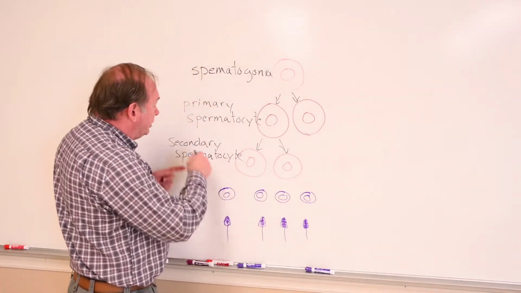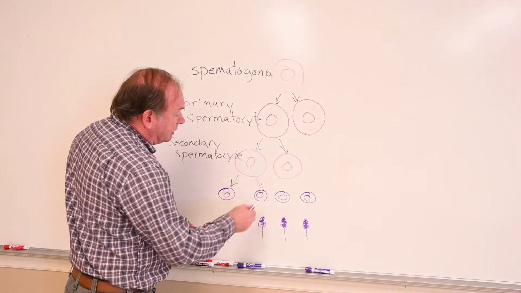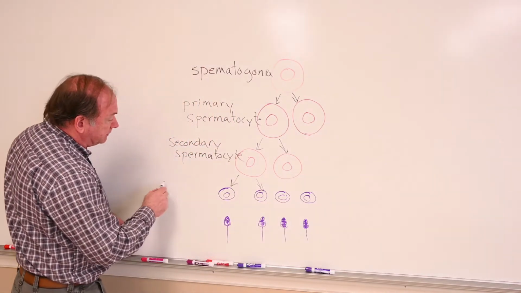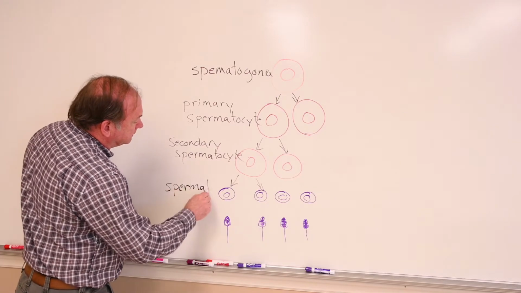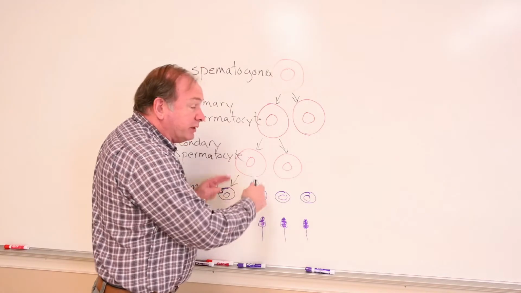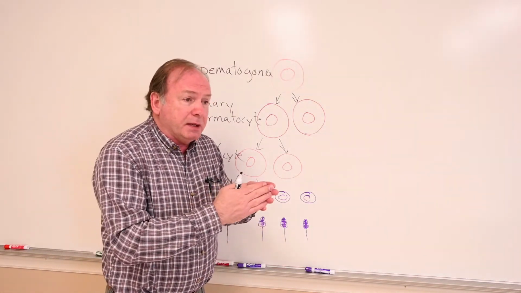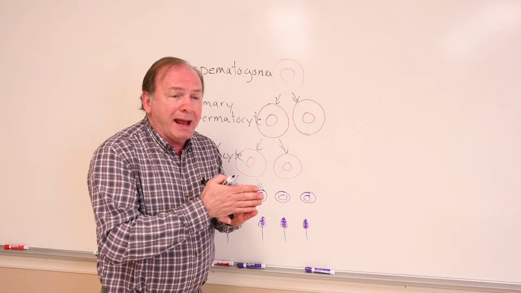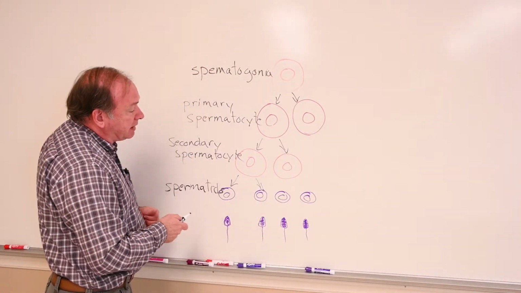The next division, the secondary spermatocyte, each of those will divide to form two spermatids. In this layer here, these are still haploid cells, but the two halves of each chromosome have pulled apart in this case.